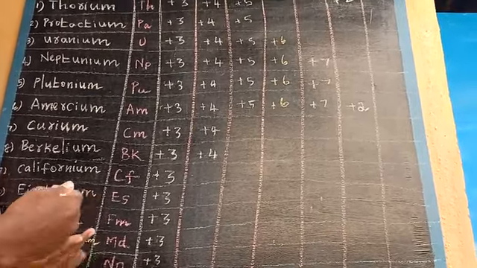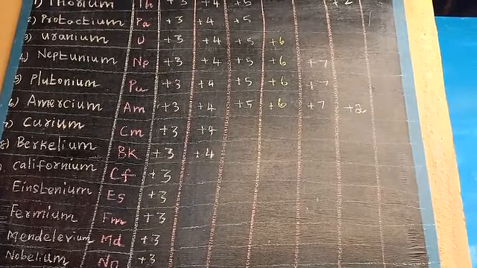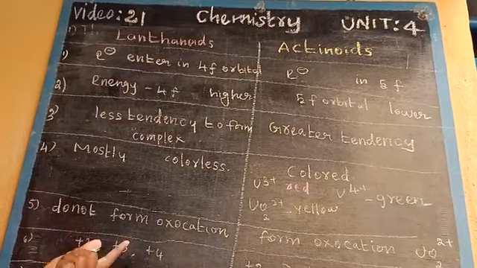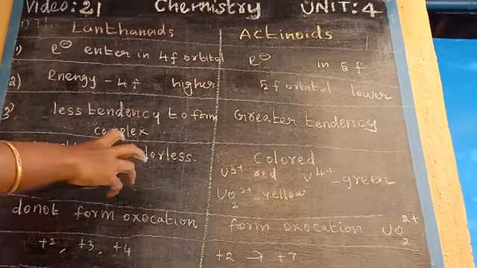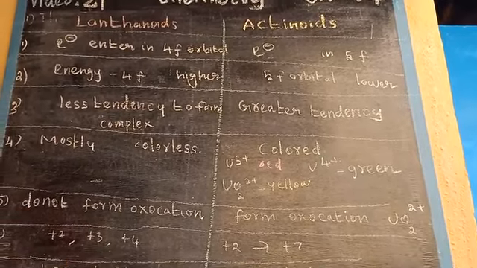Okay children, so next we are going to see the topic: distinguish between lanthanoids and actinoids. Now I give the points, so just read the points and explain.